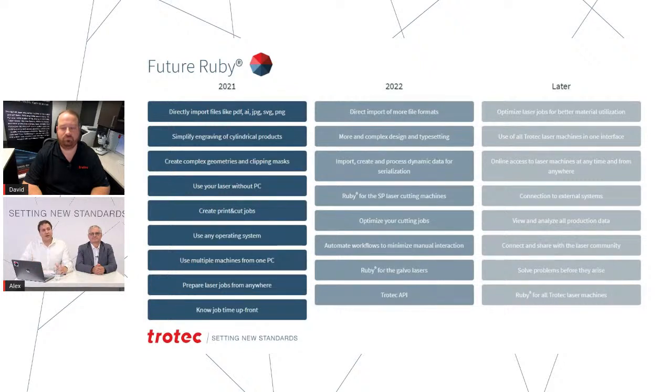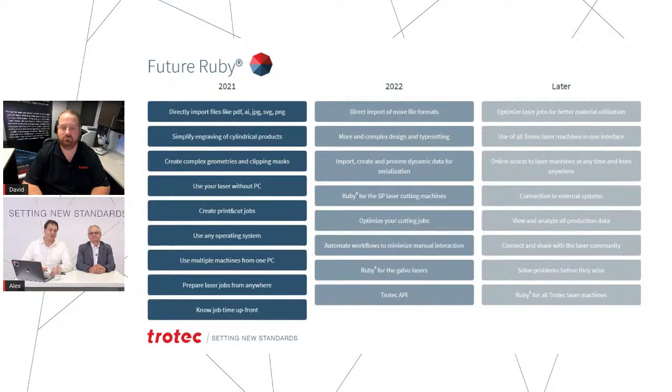Also, we have seen the need for more enhanced analysis functionalities. So we see the need to have kind of an overview of production data to really make your business more efficient, more productive. So we would like to provide some things there as well.